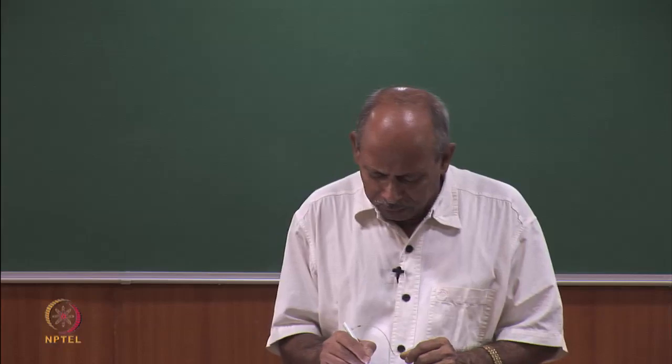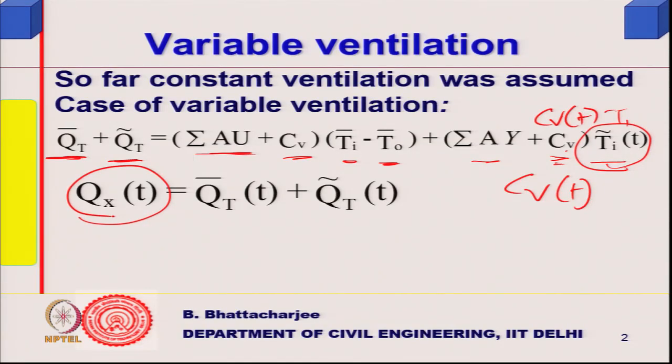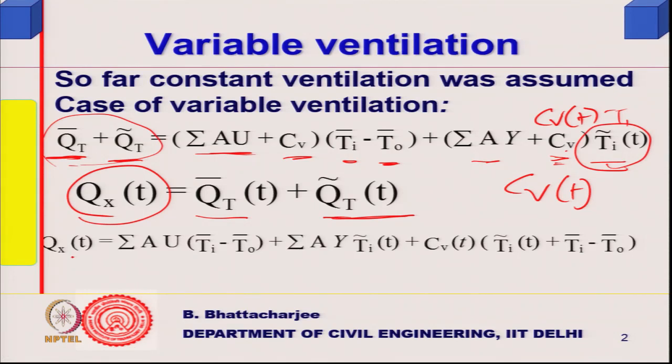So, what we define is we define Qxt as the sum of these two. Anyway, this is not a function of time because this is the mean, constant, and this is a function of time. So, Qxt is this plus this, AU Ti bar, right, and CV is now a function of time.